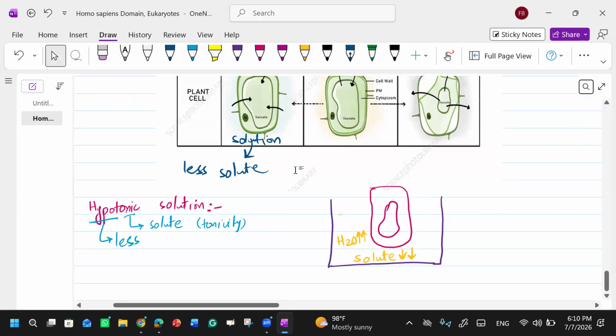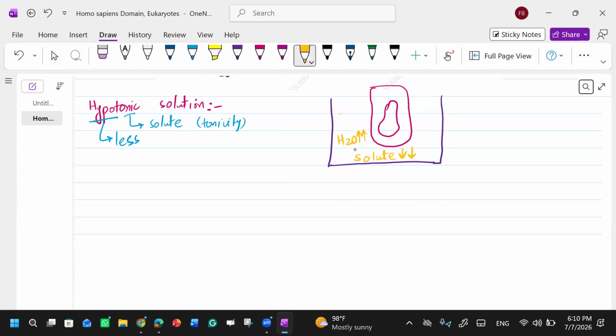What will happen if there is more water? If the solute is less, which thing will be more? Solvent will be more. If you have sugar dissolved in water, and sugar is in less concentration, because we have taken two or three spoons of sugar but water is more, then water is the solvent.